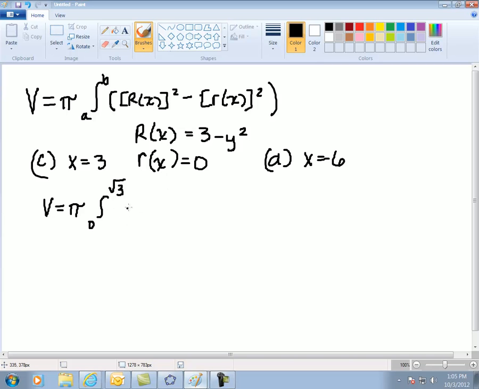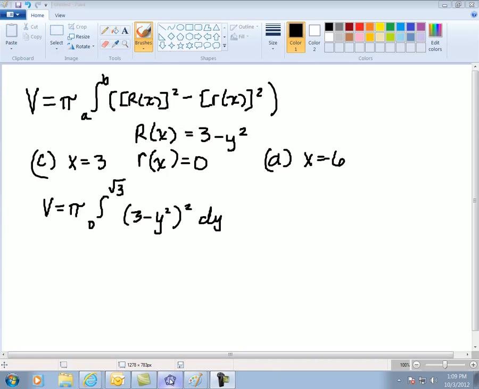And then I take that outer radius, which is 3 minus y squared, squared, dy. And I don't have to worry about the inner because it's 0. So from here, you just integrate this, expand it out, integrate it, plug in your values, and you get the volume. And now for the last one, I'm not going to go through how to do that exactly. I think you can do that part. The hard part for these is actually getting them set up.